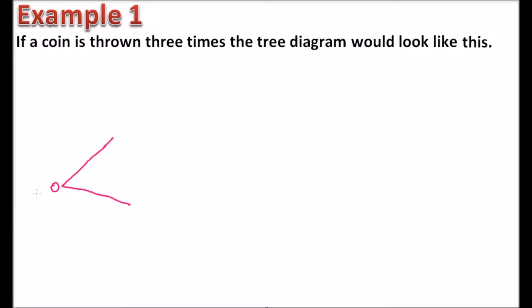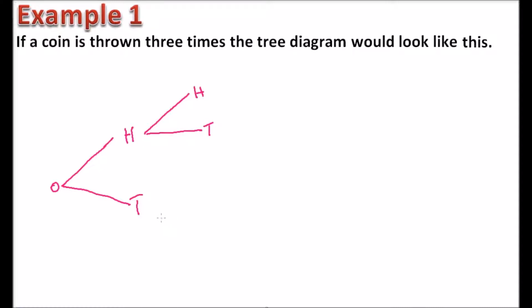If you toss a coin the first time, you can get a head, or you can get a tail. If you got a head in the first toss, then the second time you can have a head and you can have a tail.